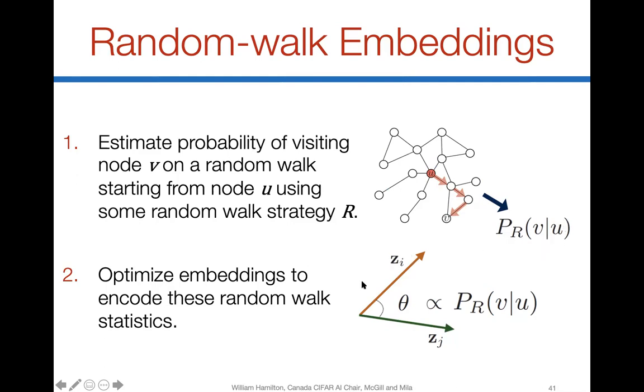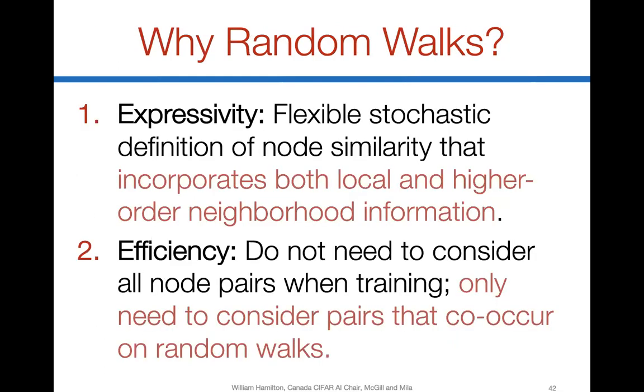And then we want to optimize our node embedding so that the dot product, or the angle between these node embeddings, is proportional to these random walk co-occurrence probabilities. What's nice about this random walk approach is, first off, it's very expressive. We now have a flexible, stochastic definition of node similarity, rather than just saying nodes are similar if they're connected or if they're two hop neighbors.